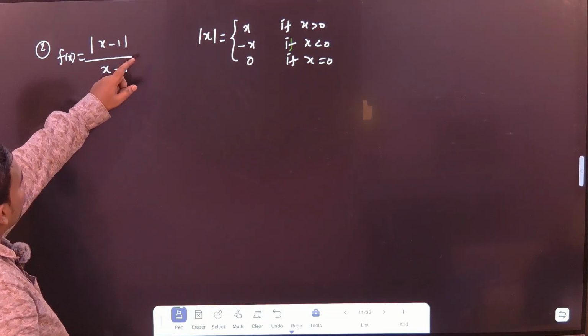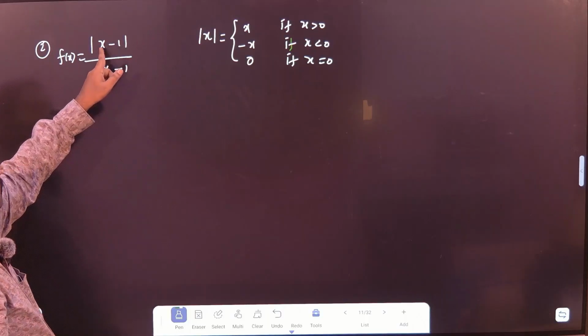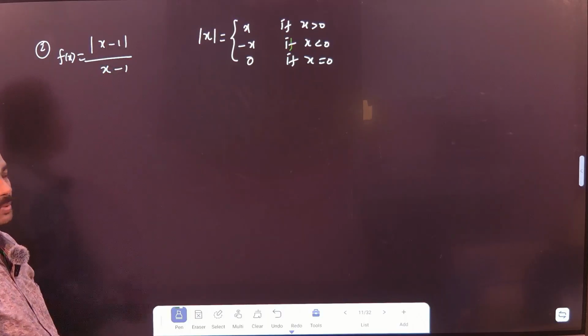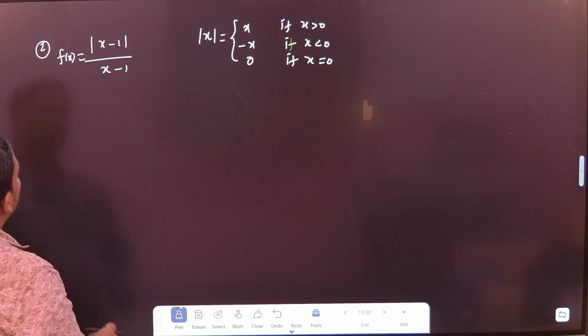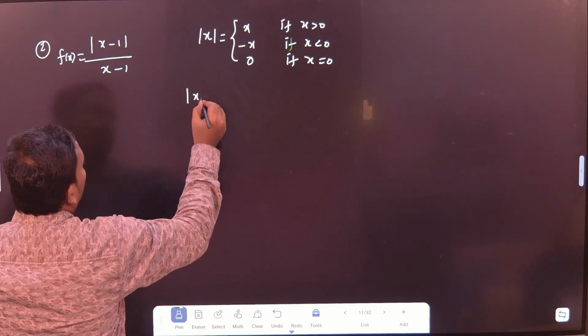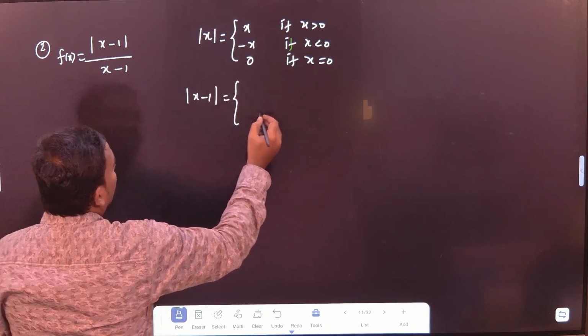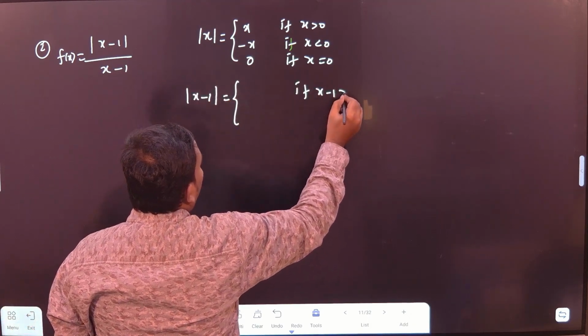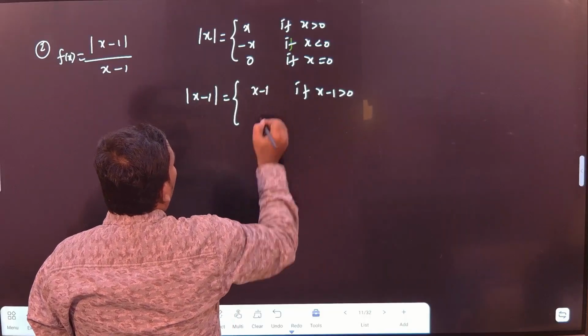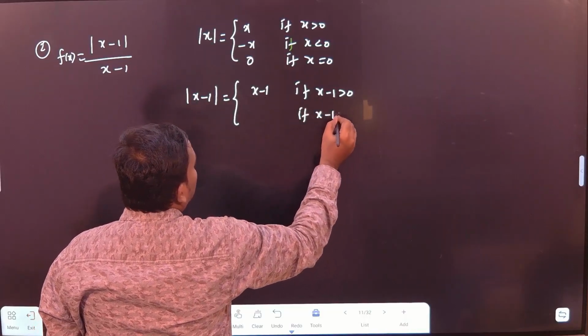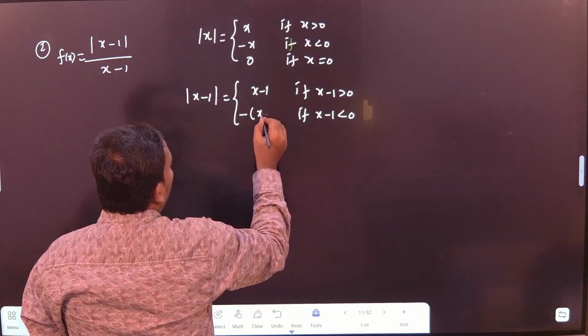But in the same way, instead of x here, mod x minus 1 is there. The same way, you have to break it. Mod x minus 1, how to define? You can see if x minus 1 is greater than 0, then x minus 1. If x minus 1 is less than 0, minus of x minus 1.